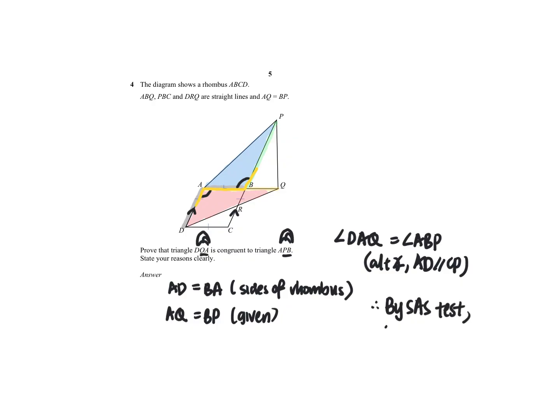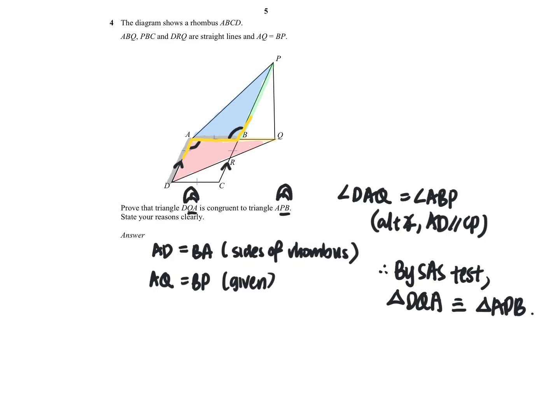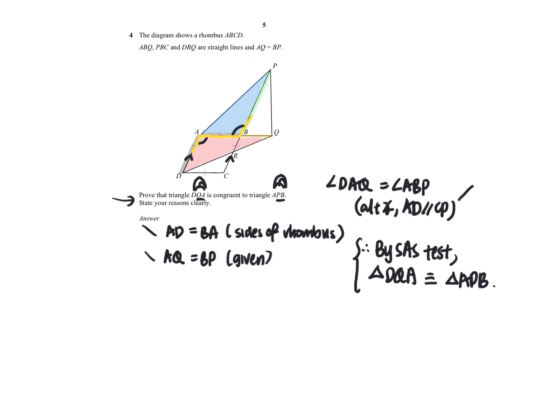Then you conclude that triangle DQA is congruent to triangle APB. Okay? So must tell me the reasons for each of the steps because they say state your reasons clearly, and then give me the tests that make it happen.